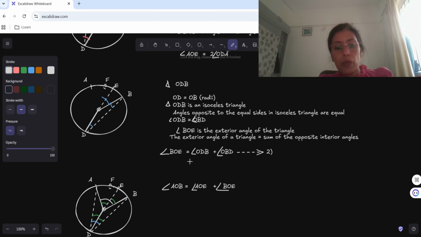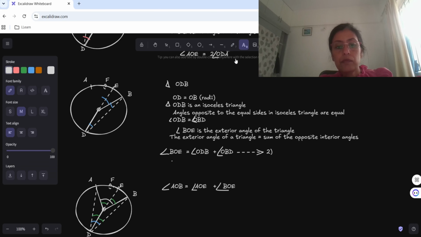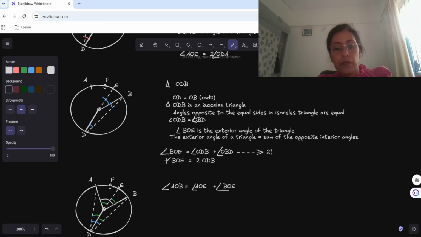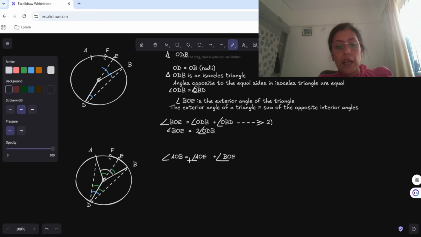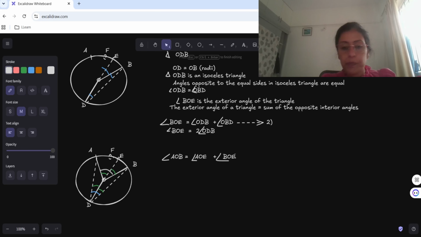Similarly, here we can also say that BOE is equal to twice ODB, because OBD is equal to ODB. So we can write ODB plus ODB, which makes it twice ODB. So now we are saying AOB is the summation of AOE and BOE. So what does that mean?